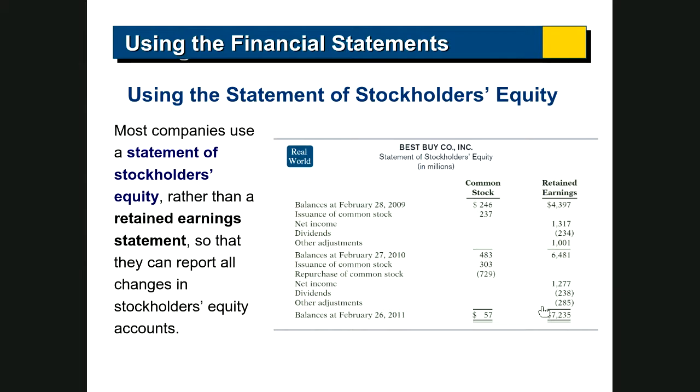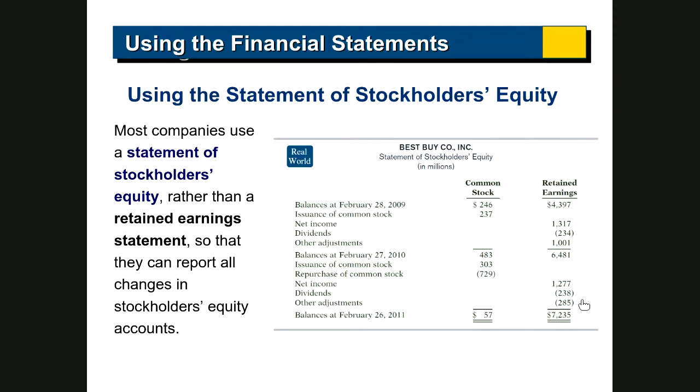Just quickly, it could be something that was incorrectly reported in income in a previous year and is adjusted here. Other adjustment could include prior period adjustments. Maybe there was a miscalculation of an expense or of cost of goods sold.